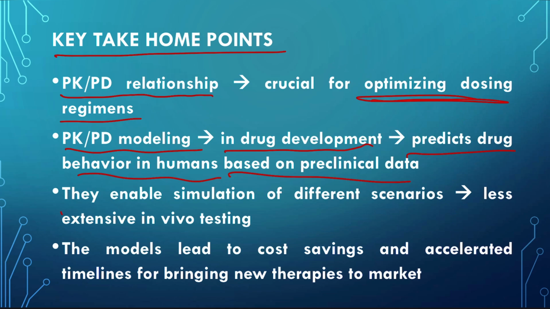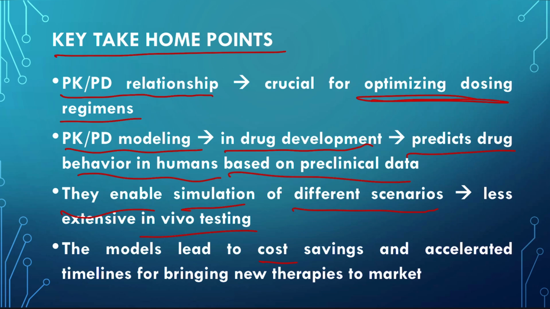It also enables the simulation of different scenarios, and as a result it helps in decreasing in vivo testing, that is the cost and the time required for in vivo testing can decrease because we have several simulations. So this finally aids in saving cost and time, and hence leads to accelerated development of drugs for particular diseases.